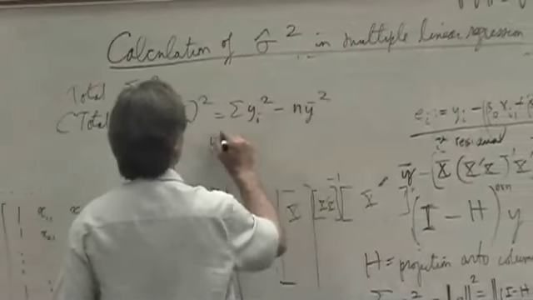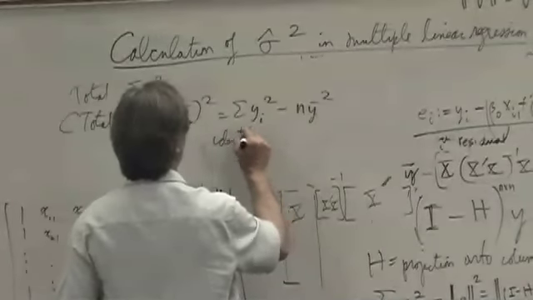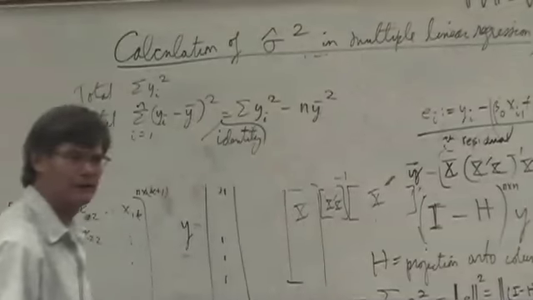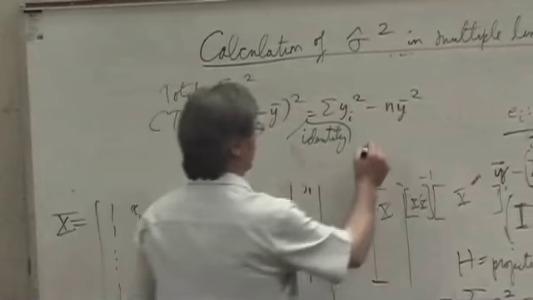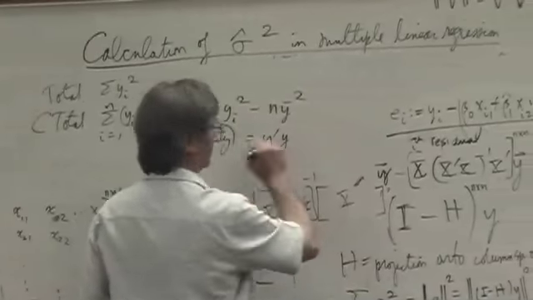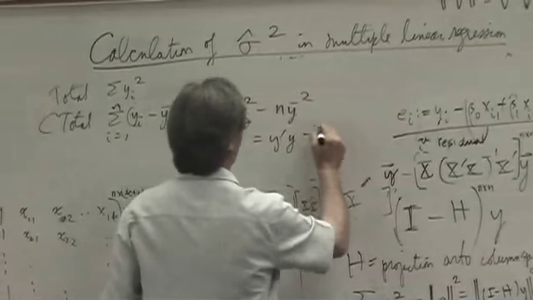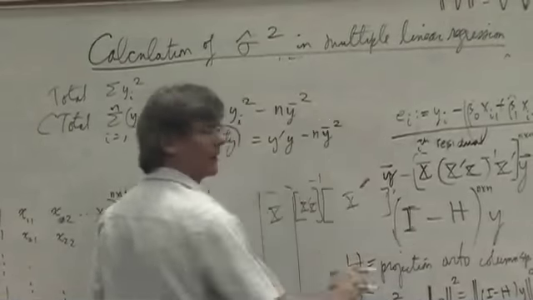That's an identity. Which is y prime y in our vector notation, minus n y bar squared.